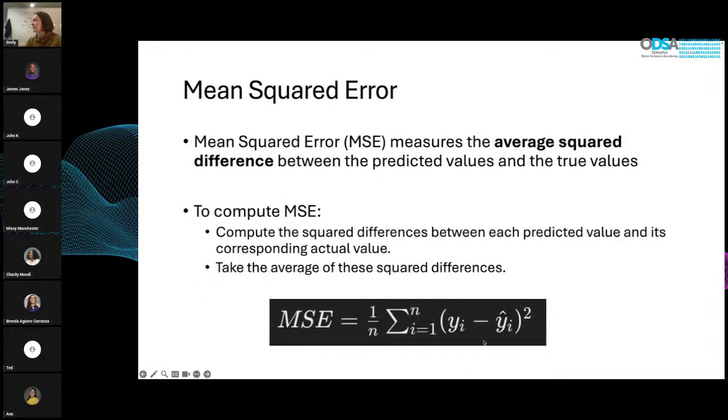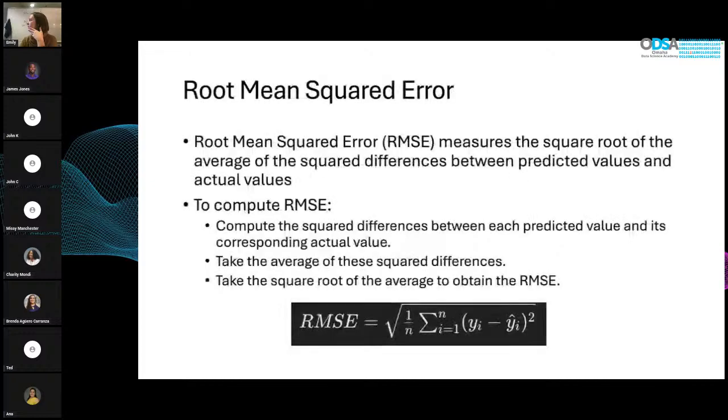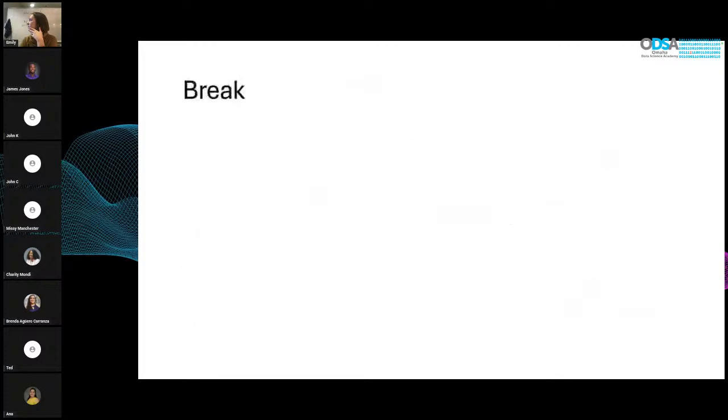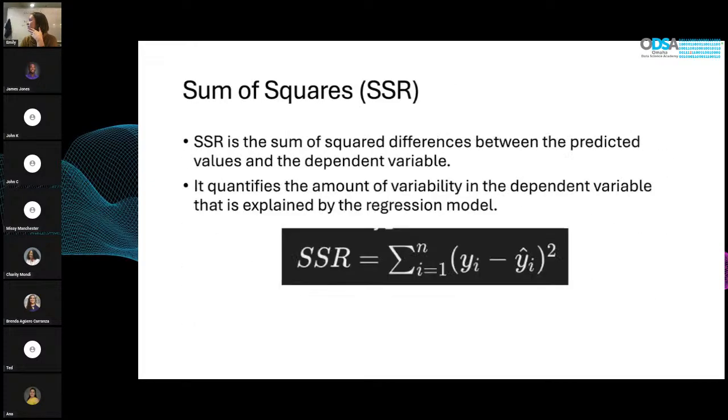It looks like this, except we're not dividing by n. So notice that's the difference. What's the difference between mean squared error and sum of squares? We're not dividing by n. So does anybody ever say 1 over n times SSR?